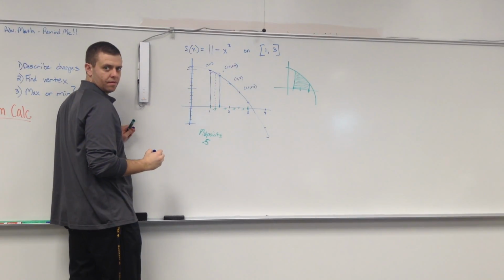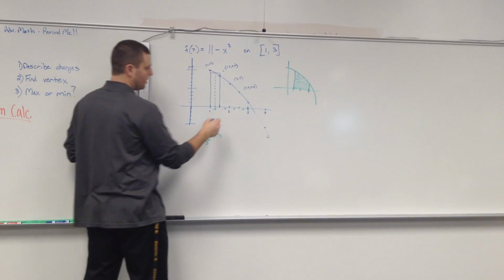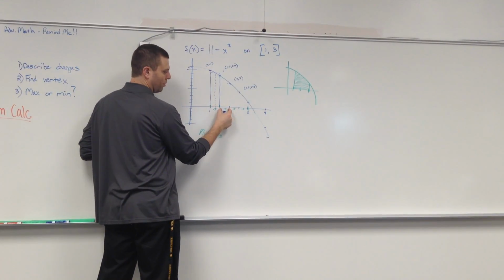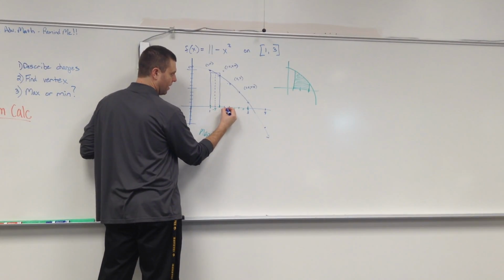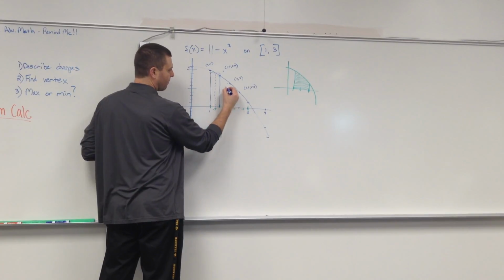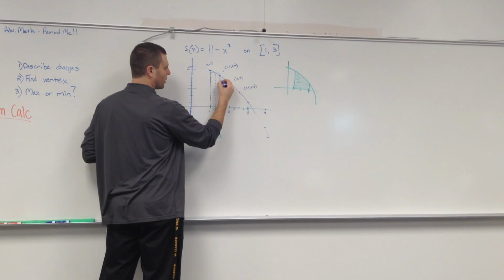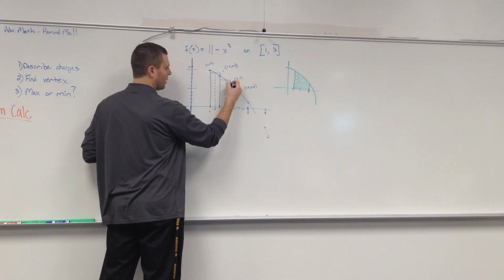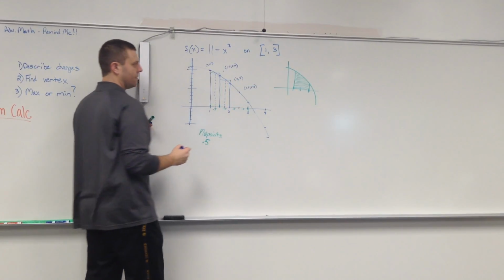See if we could do it in the middle of 2 points. So my next interval is from 1.5 to 2. I'm going to go right in the middle of that. I'm going to go up to the graph, and then wherever it hits the graph, I'm going to go over to my left, over to my right, and back down.